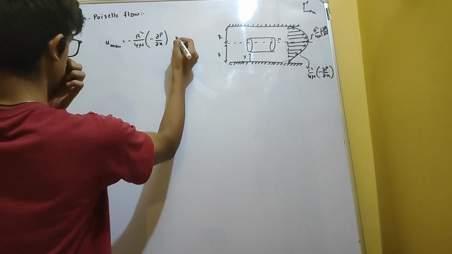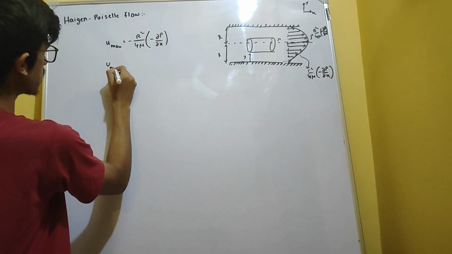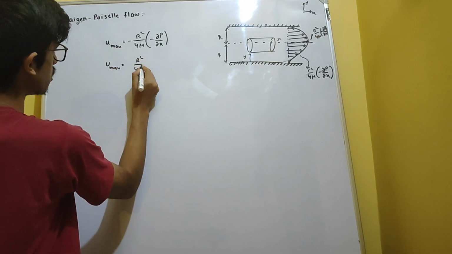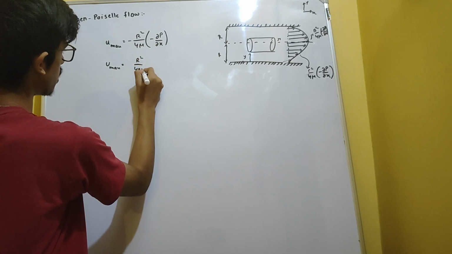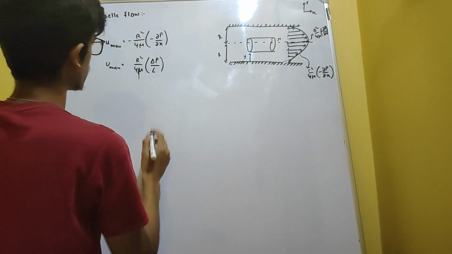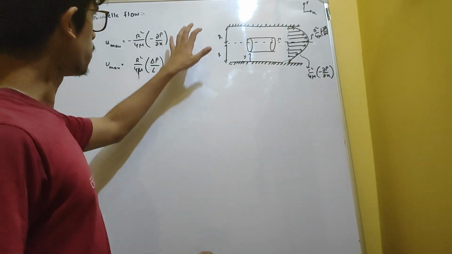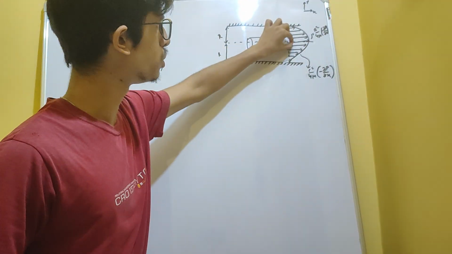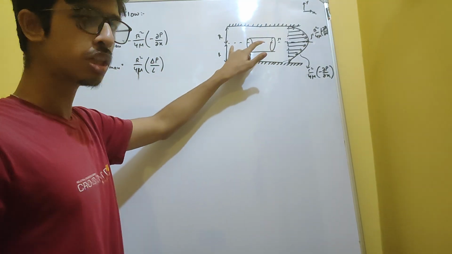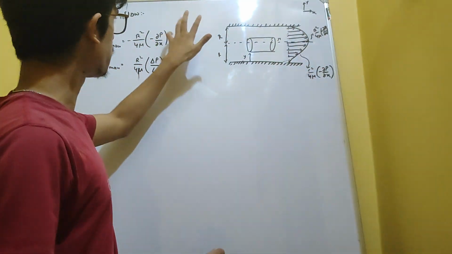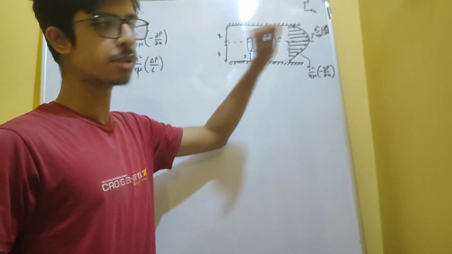So we have u max equal to r square by 4 mu, and this will become delta p over total x. I am considering dou p by dou x for the whole length, like from this point to this point. Let's say here the pressure is P1, here the pressure is P2. As we move from this point to this point, the pressure change will be P1 minus P2, right?